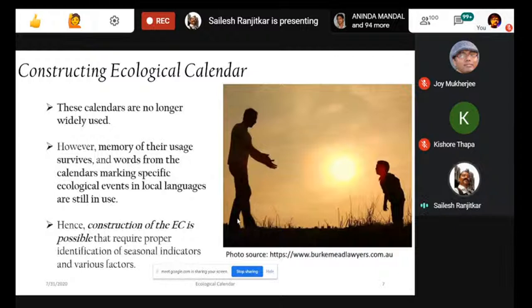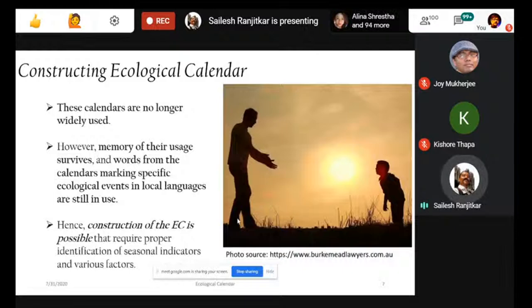So constructing an ecological calendar is our main concern now, because this is a kind of traditional knowledge, and we really want to see if it is still in existence, and if this information is really useful for local adaptation in the context of changing climate or changing environment.